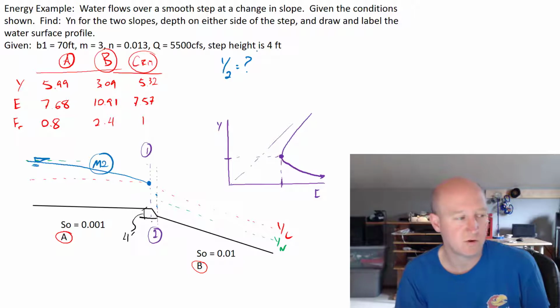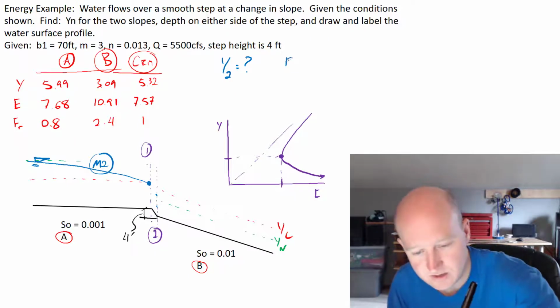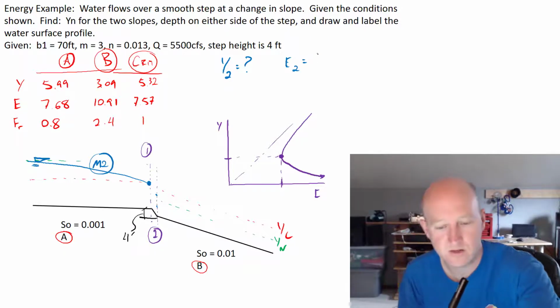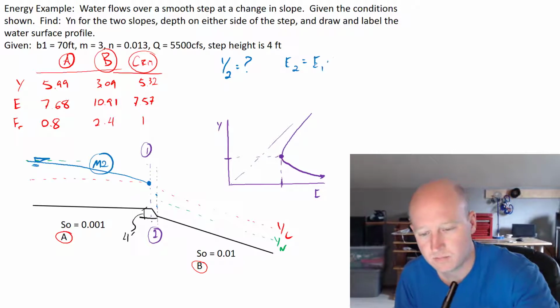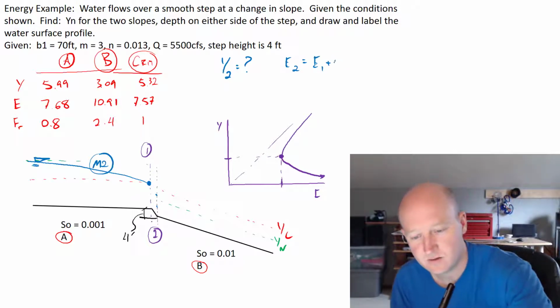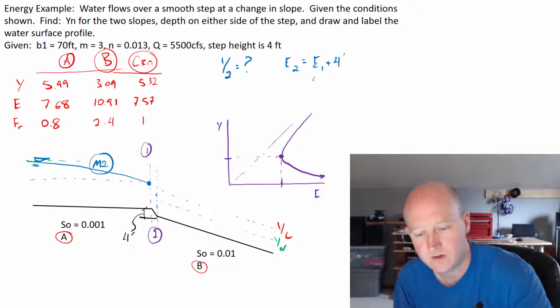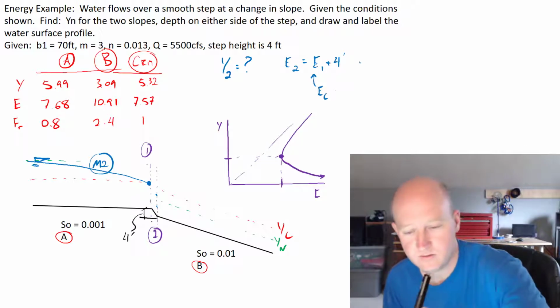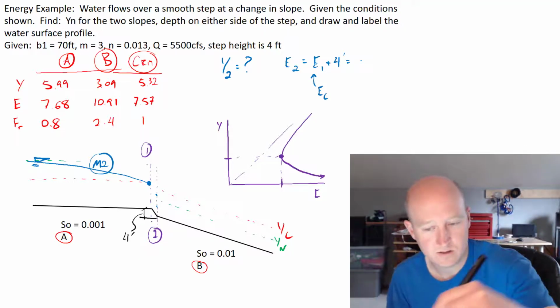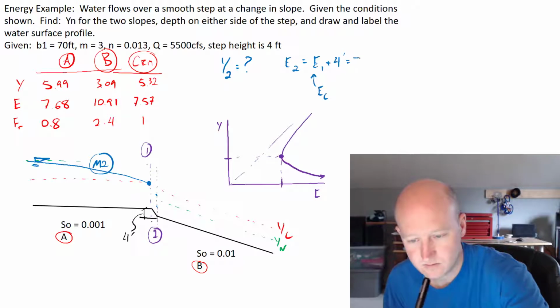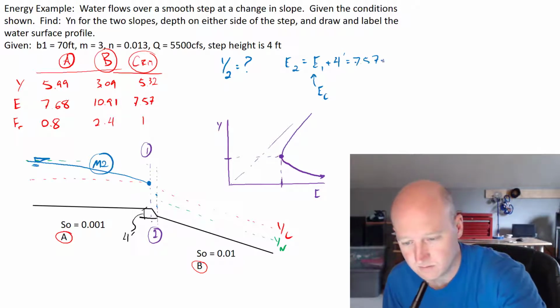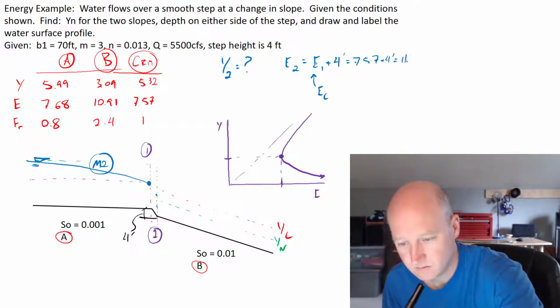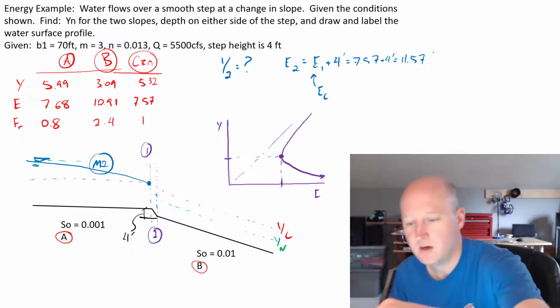And so what we're going to do is say that the energy at 2 is equal to the energy at 1 plus the energy that it's gaining as it goes down that step, 4 feet. And so the energy at 1, that's critical energy. If we put in the numbers, and then we do a goal seek.